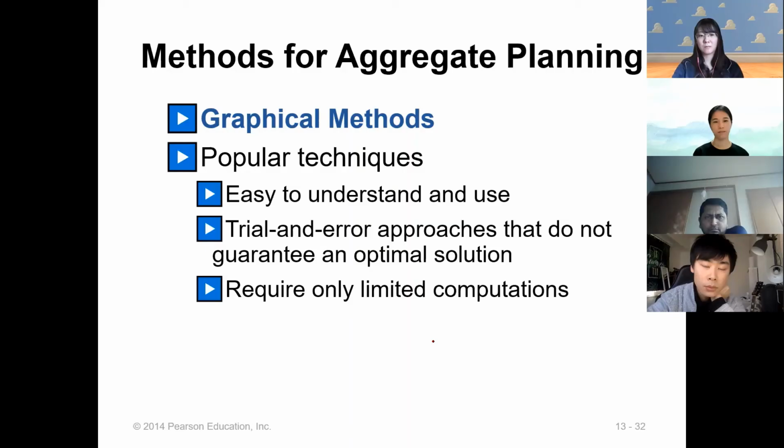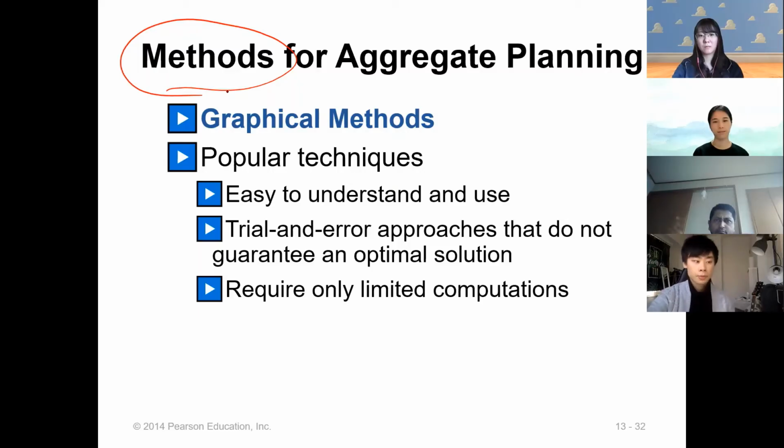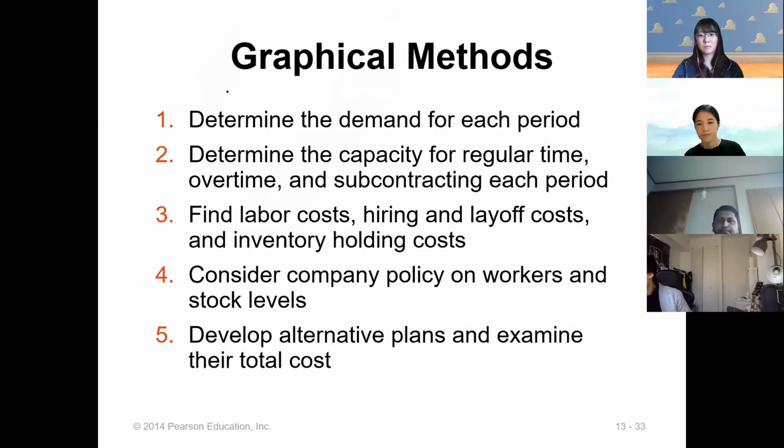So now, the methods for aggregate planning. The first is the graphical methods. Okay, graphical method is a popular technique. It's very easy to use, and it is a trial and error approach that does not guarantee an optimal solution, and it only requires limited computation. Graphical is just graphical.